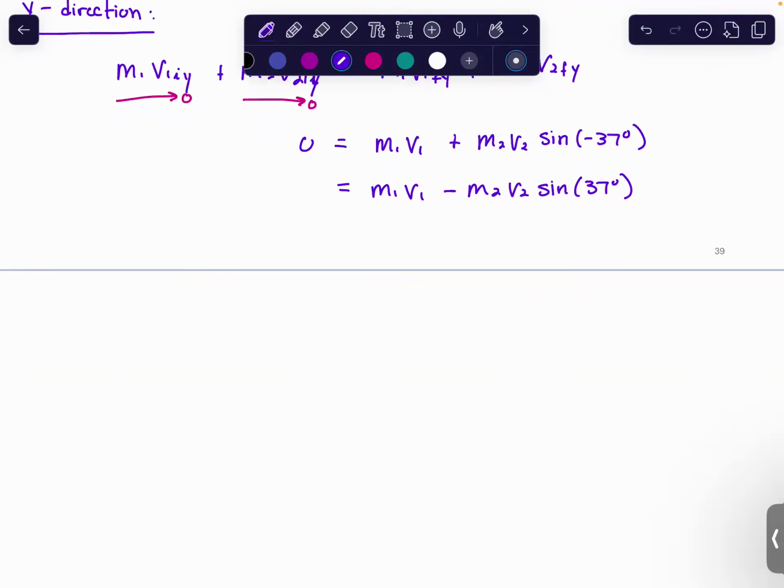And now we're going to plug in 5.0 times mass 1 for mass 2.